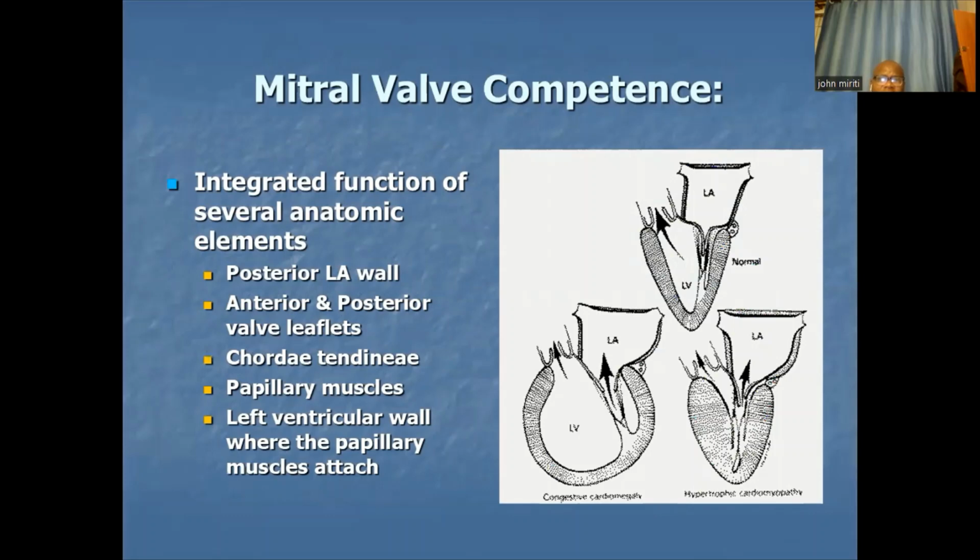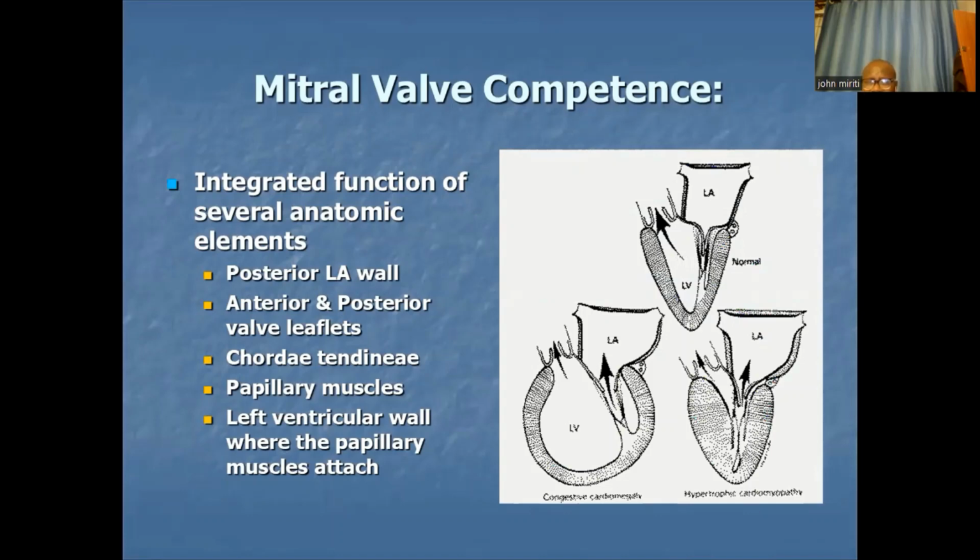So let us look at mitral valvular competence. It is the integrated function of several anatomical elements which work in support of the mitral valve, and you have to be very conversant with these. Competence is supported by the posterior left atrial wall, the anterior and posterior valve leaflets, the chordae tendineae and the papillary muscles, and the left ventricular wall to which the papillary muscles are attached.